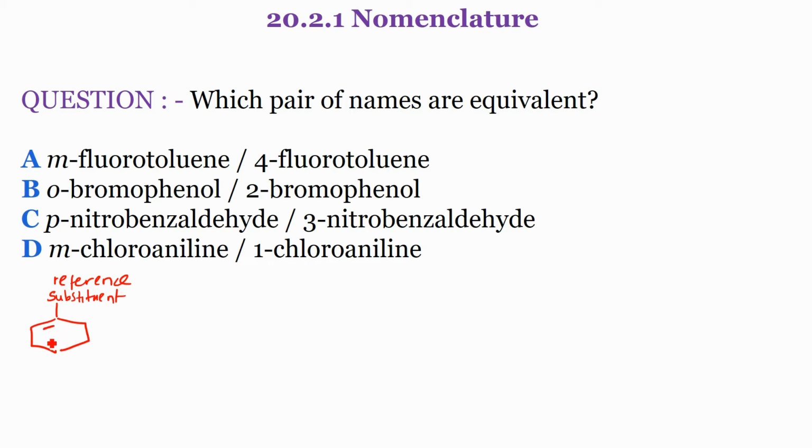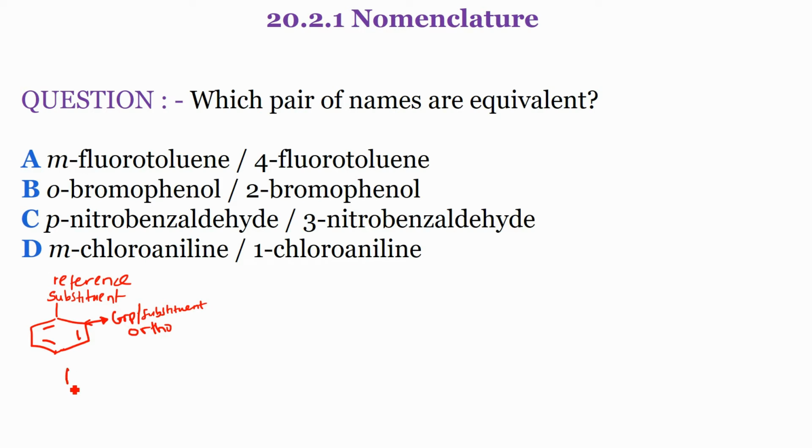So you already have a group on the ring, and then you do a reaction and put the incoming group here. So let's say there's another group here. That was your reference. If you have a group on this carbon right here, it's going to be called ortho.